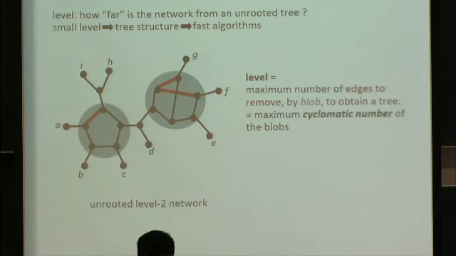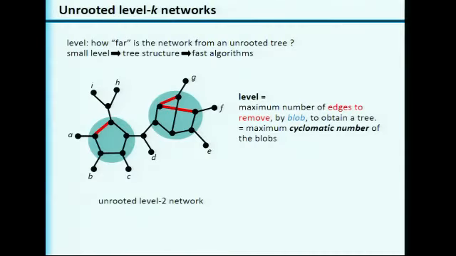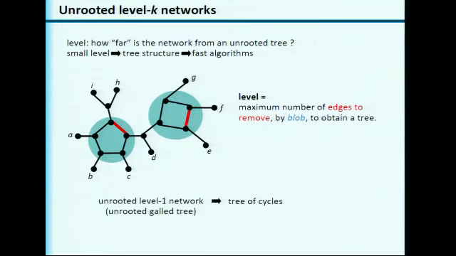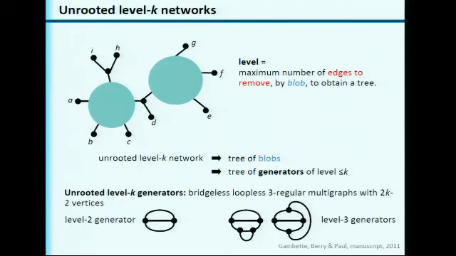And in fact, this parameter, the number of edges to remove, is the cyclomatic number of a graph. So the level is just the maximum cyclomatic number of the blobs. And level 1 networks, unrooted, are just trees of cycles, unrooted. And in fact, you can see those networks as really trees of blobs, which can be summed up by very simple graphs that you take from a dictionary of level K generators.